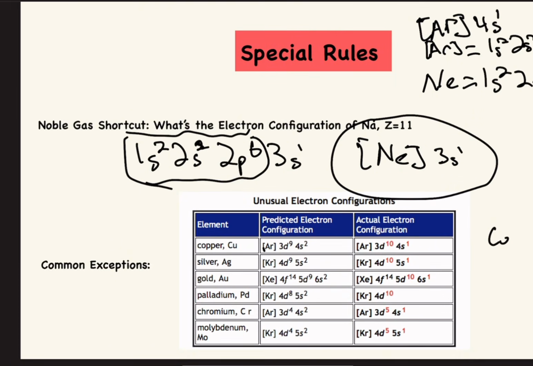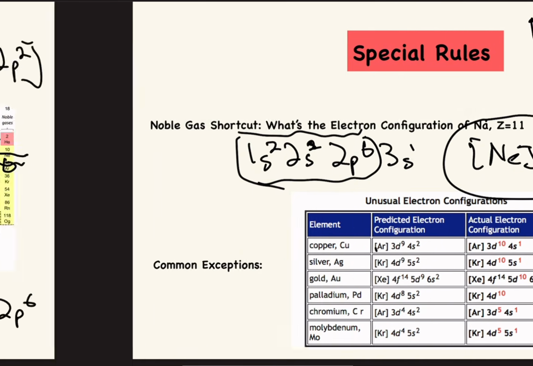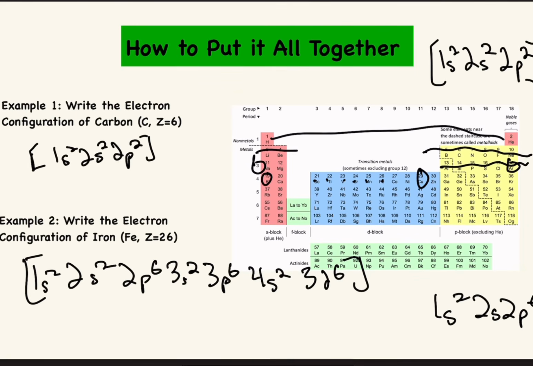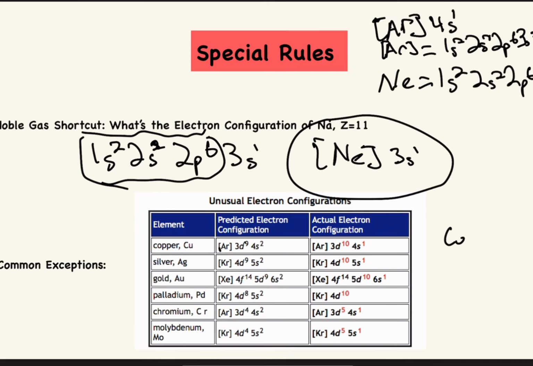And then we're filling the 4s2 orbital, which is right here. And then we're going across and saying these are 3d9, because it's 9 elements across. 1, 2, 3, 4, 5, 6, 7, 8, 9. So yes, 4s2, 3d9, right? Which is the predicted electron configuration.